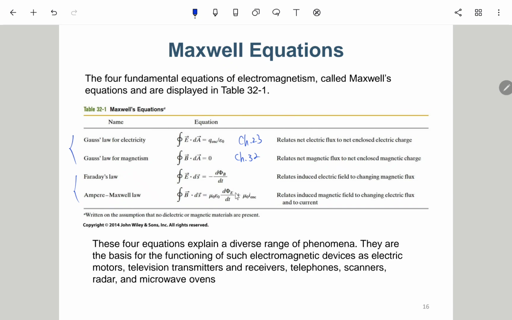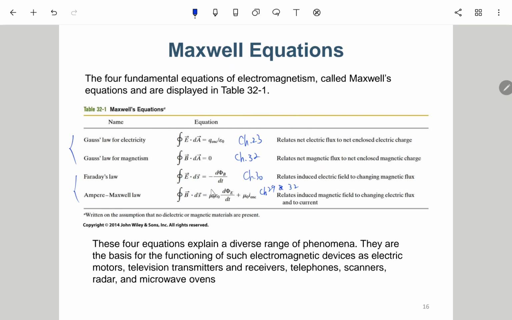So this one won't go through this infinite path. Only these two terms will make these two formulas loop back and forth forever. Actually we learned this in chapter 30, this is chapter 29 and 32. We have learned the Maxwell's equations.